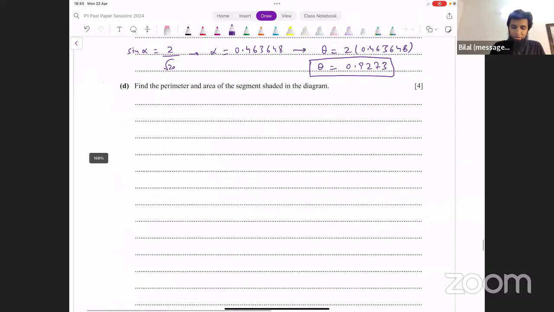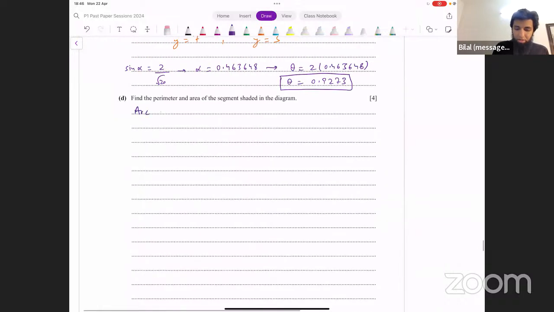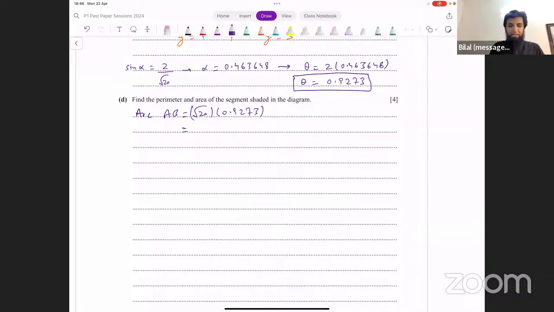Let's do that. Arc AB. Radius into angle. Radius was under root 20 into angle, that's 0.9273. S equals r theta, right? Arc length equals radius into the angle. Under root 20 multiplied by 0.9273, and that's giving me 4.147.